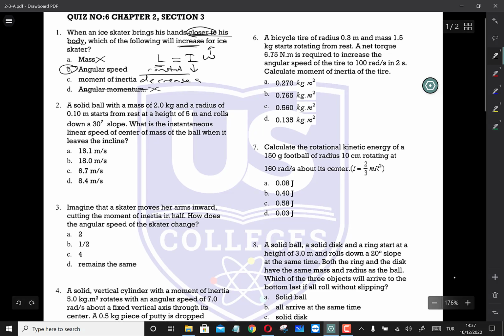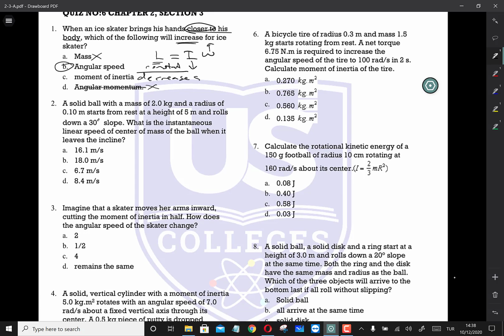Question number 2. A solid ball with a mass of 2 kg and a radius of 0.1 meter starts from rest. This is the mass M, radius r is 0.1. Starting from rest means the initial speed, both linear and angular, is 0. At a height h of 5 meters, it rolls down a 30 degree slope.